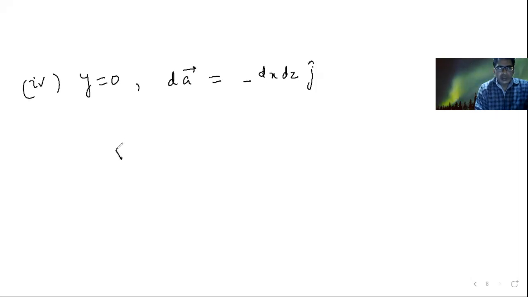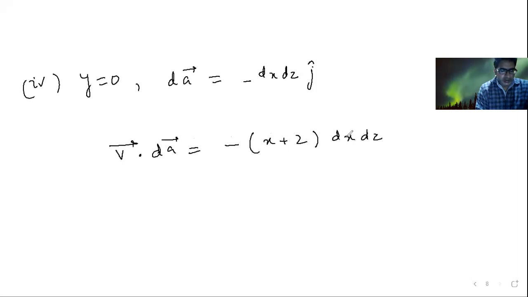Now what is v dot dA? v dot dA is minus x plus 2 times dx dz. X plus 2 is the y component of the vector field.